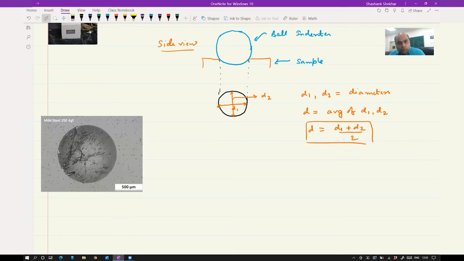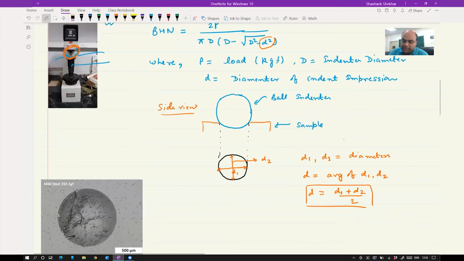You know P because you are doing the test. You know the ball diameter, that is also given to you. So you use this indenter, take out the sample after indentation is done, go to the microscope and see the top view. You are going to see a circle. Then measure the diameter along two perpendicular directions.